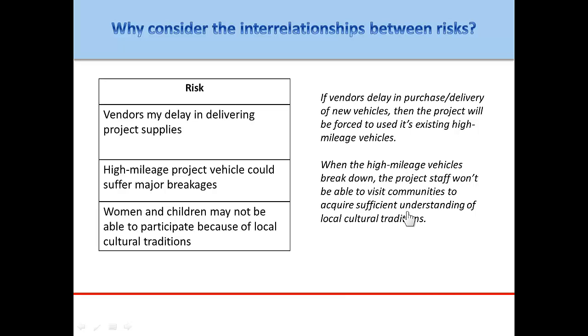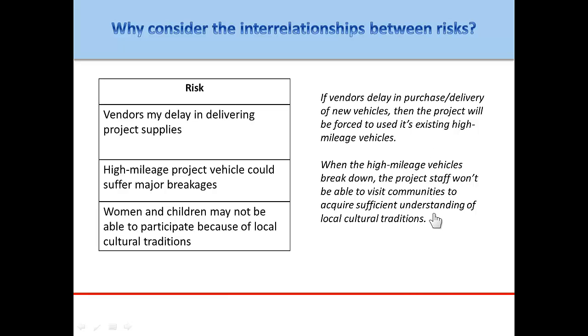Interrelationship is where individual risks change, become more or less severe when they happen together or in close proximity. For example, using this information that's on the screen, if vendors delay in purchase and or delivery of new vehicles, then the project will be forced to use its existing high mileage vehicles.